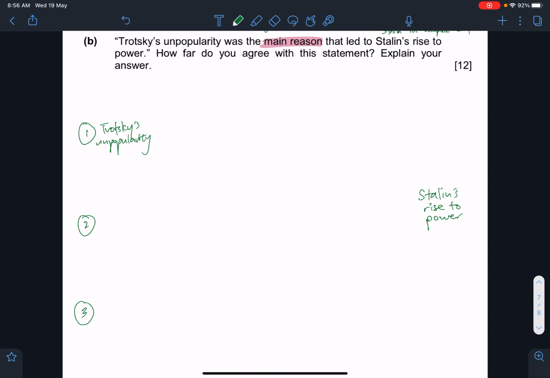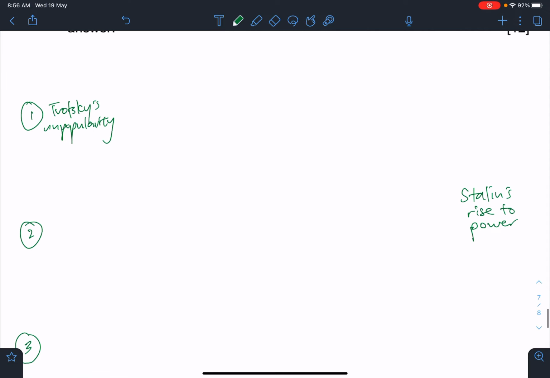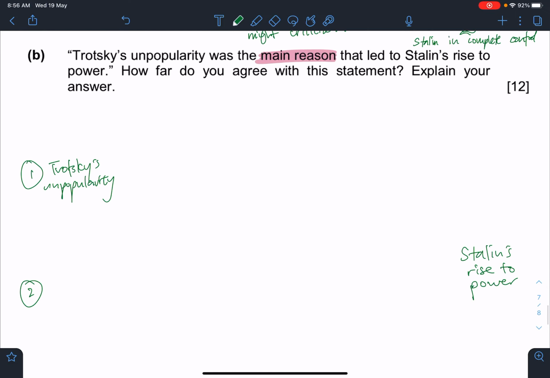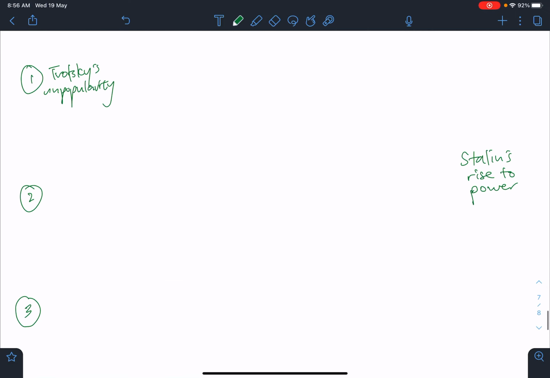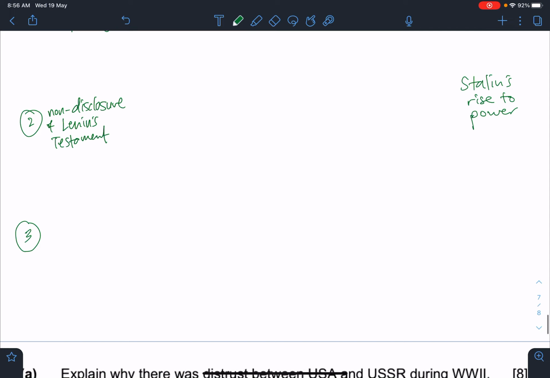Now the question is, of course, led to, I must show my cause and effect, right? So the first thing to figure out is what are my other 2 points. By studying the textbook, I know that I have the non-disclosure of Lenin's testament, and I also have Stalin's manipulations.